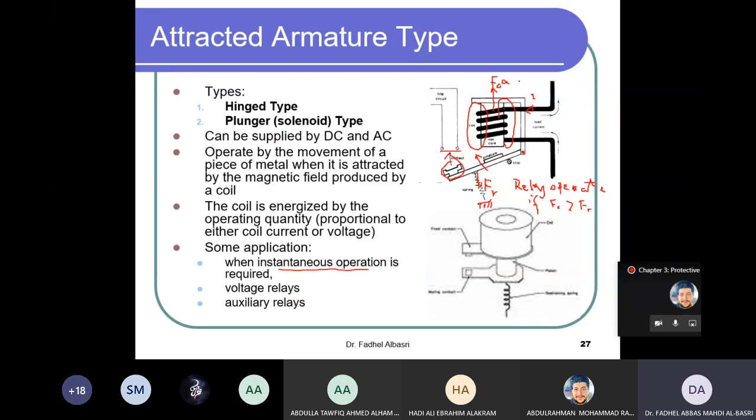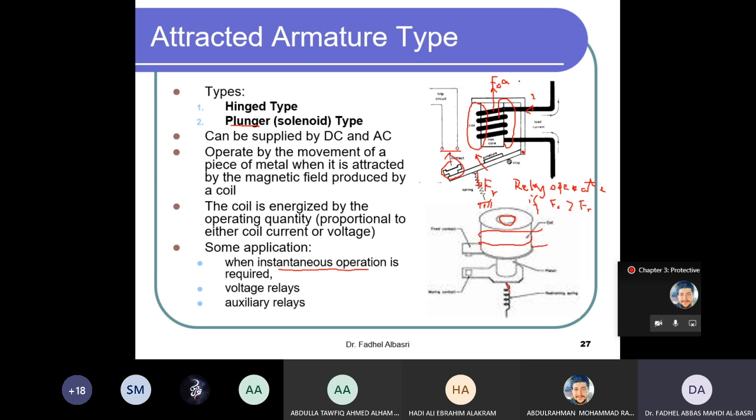This is the second type, which is the plunger type. The core is moving here. This is the core, like a cylinder on which the coil is wound, which is this coil. Inside here is an opening through which the plunger, which is the core, moves.